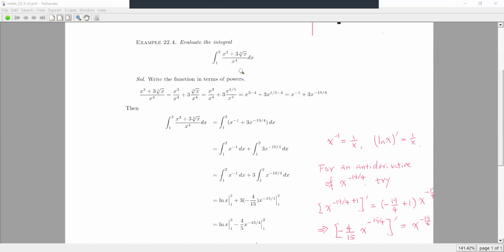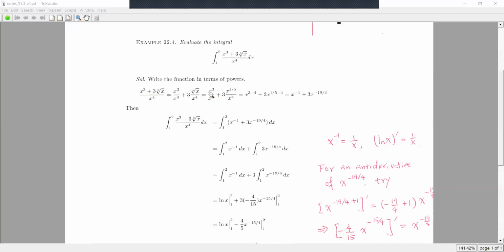Before I compute this integral, let me transform the function into powers. For a power, it is easy to find its antiderivative. Okay, now transform the function into powers. Let me split this big fraction into a sum of two smaller fractions, and then write the fifth root as a power here.